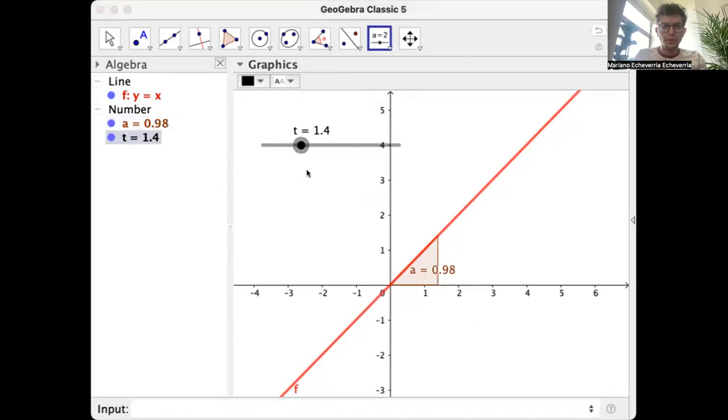So what I'm showing you here is that we're going to try to find the area between the function and the x-axis, right? Which is what you see here, but I'm going to be moving the endpoint.